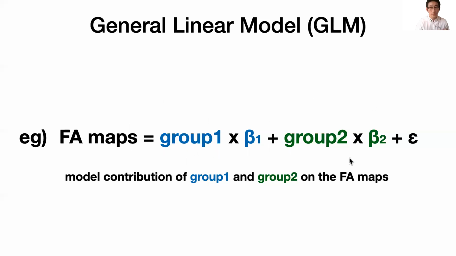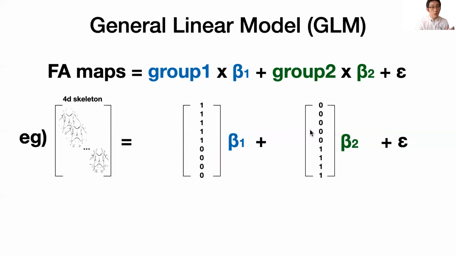To go a little further, in order to run something like this, you need independent and response variables in arrays. So this map is each individual's FA skeletons concatenated into one file. So it's a 4D skeleton, since each subject has a 3D skeleton and they are merged into 4D.